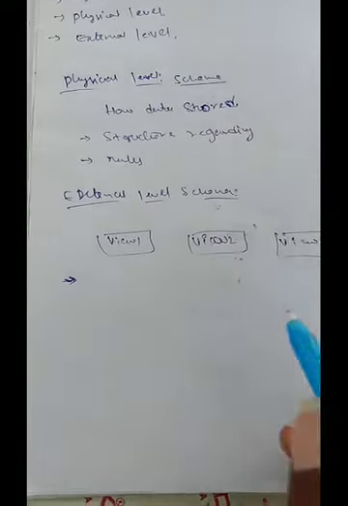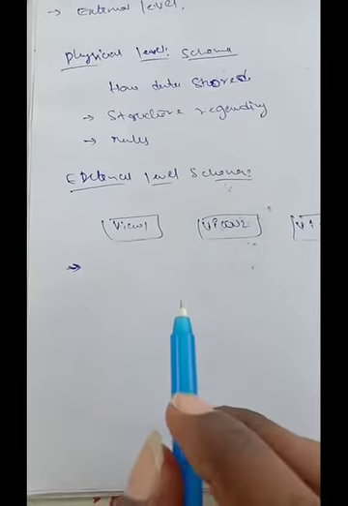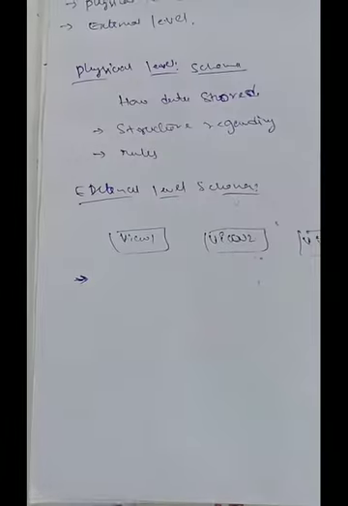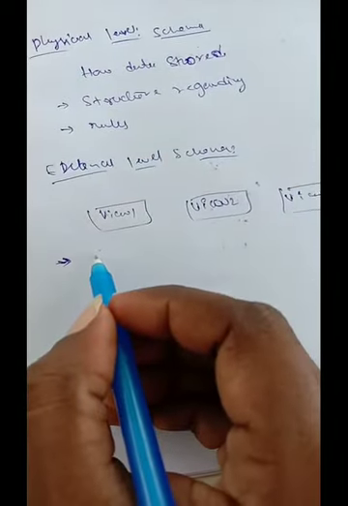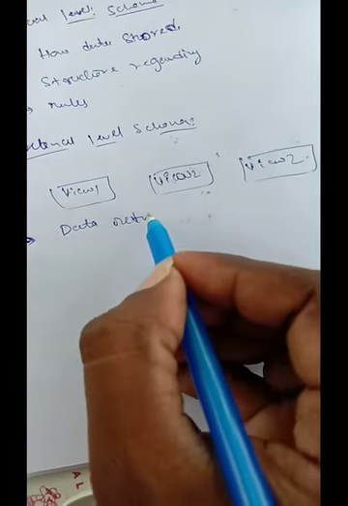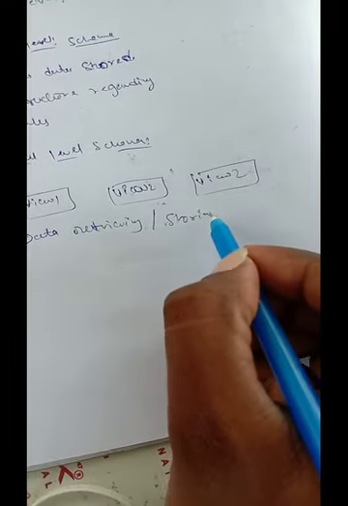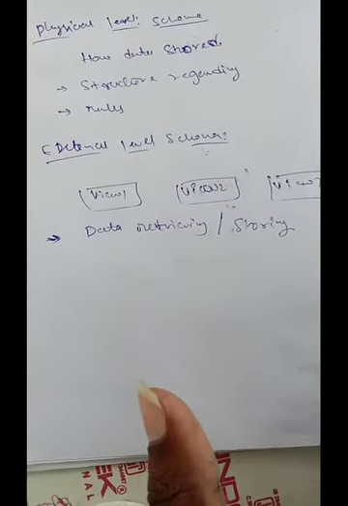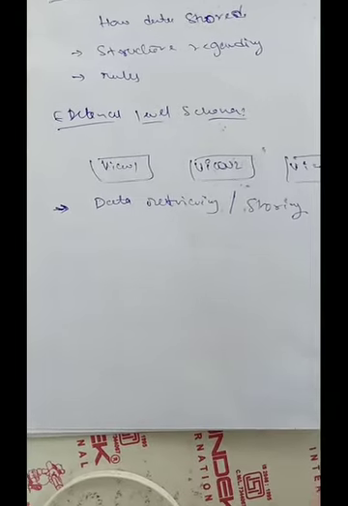If any changes are made to the external level schema, they don't affect the two other schemas. It deals with data retrieving and storing from the user, and he has only the view of the data, so there is no problem with changes at this level of schema.